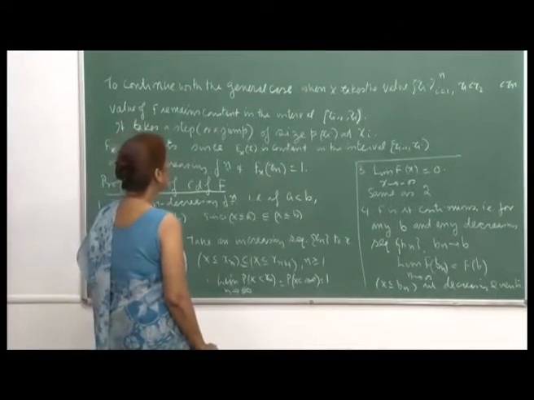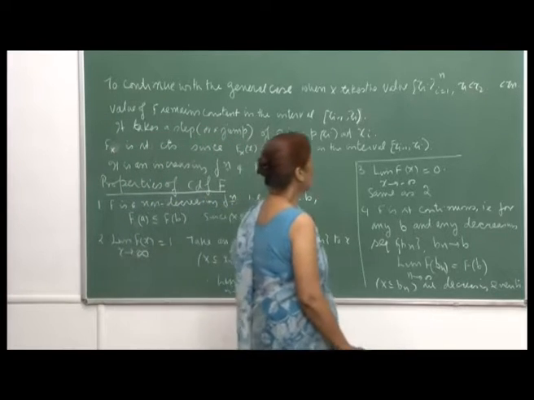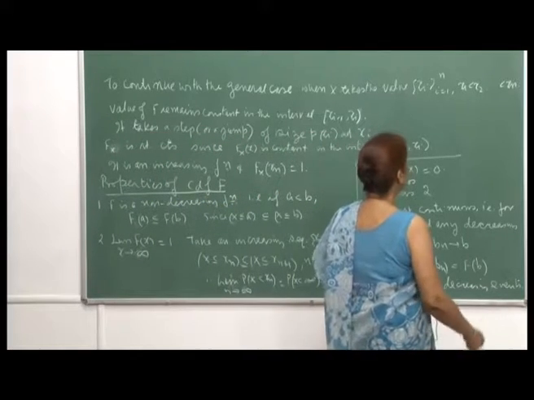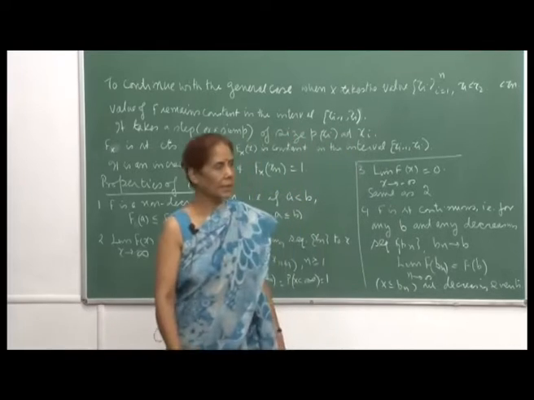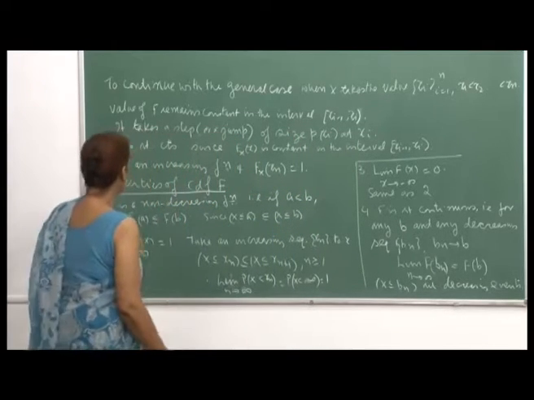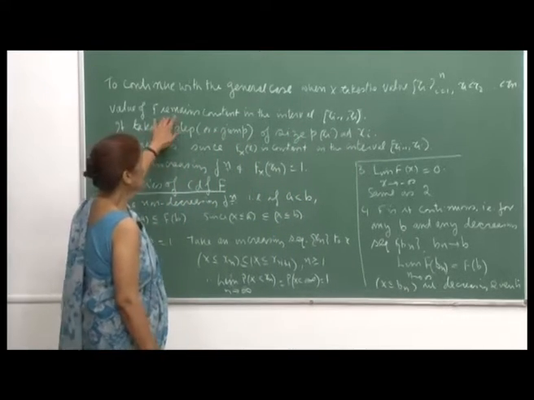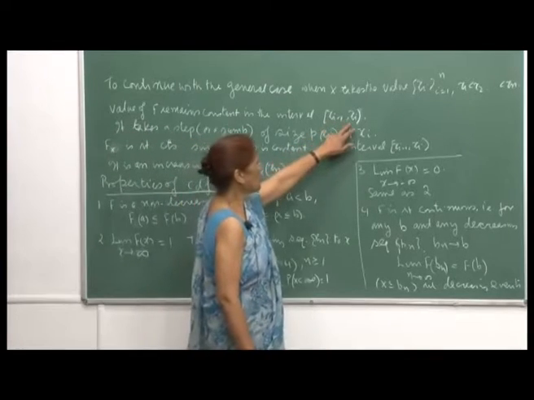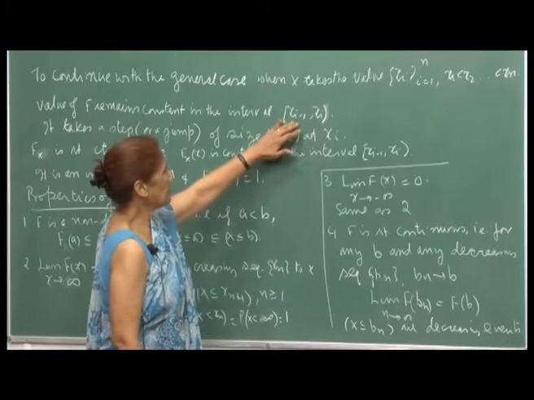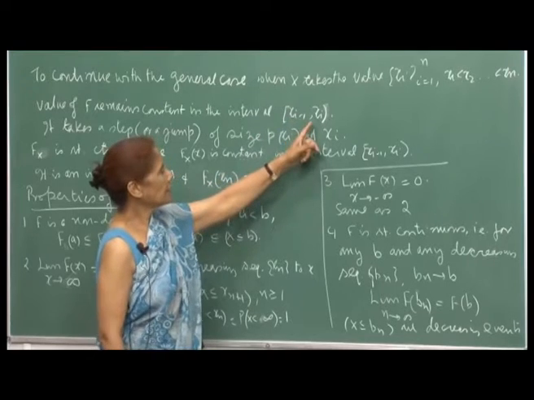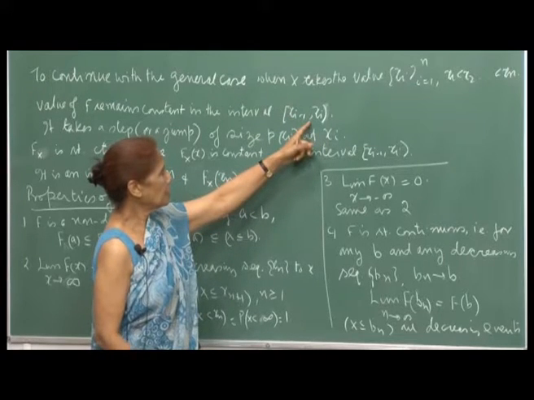To continue with the general case, when x takes the values x i varying from 1 to n, and x 1 is less than x 2 less than x n, then the value of F remains constant in the interval x i minus 1 comma x i, right, because it takes the value x i minus 1, and after that it does not take any other value of the random variable.